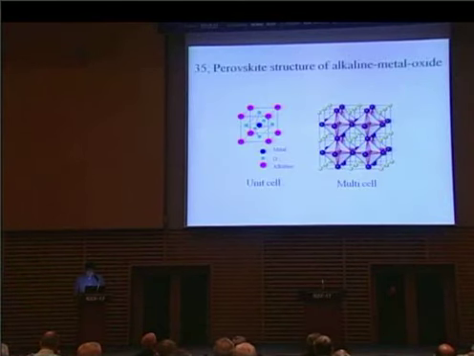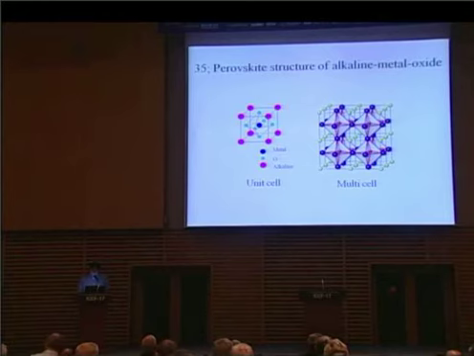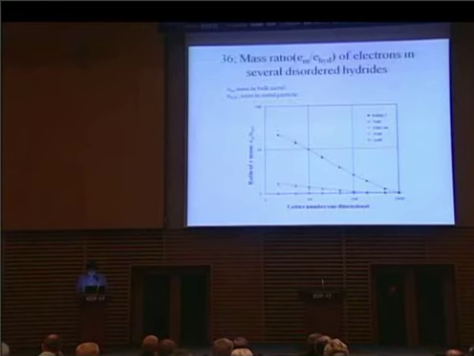And this is a perovskite structure for the alkali metal oxide. In recent years, I found that the behavior of conduction electrons is different from normal metal in the case of experimental methods. We still have not calculated the internal behavior of electrons in this structure.